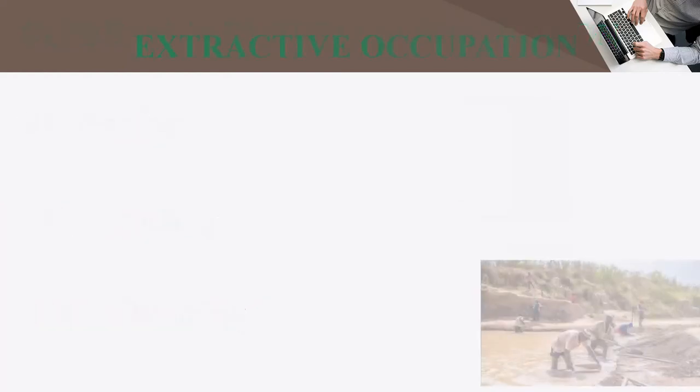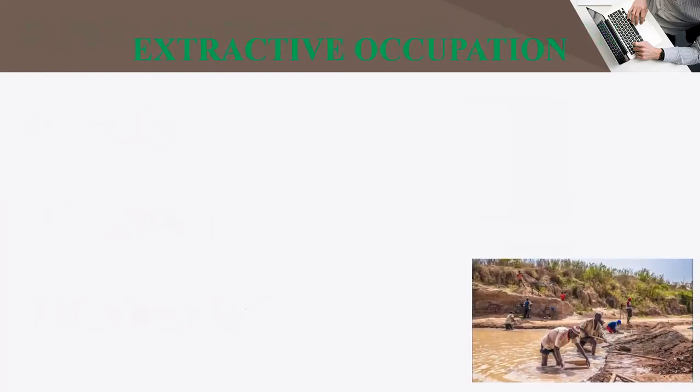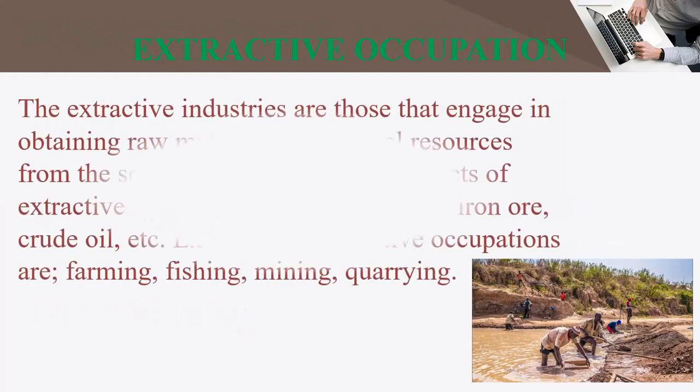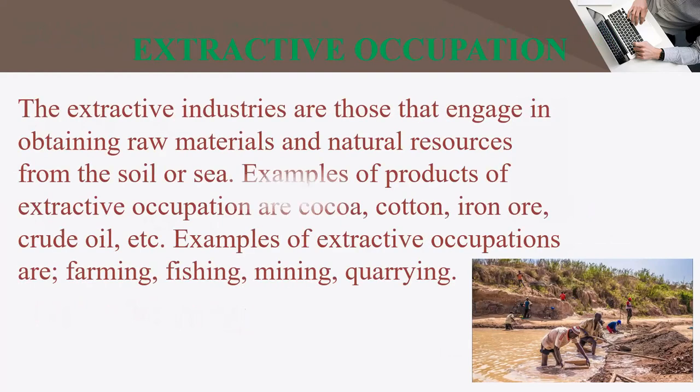So I also have another video which you're going to watch much later. So let's take them one after the other. The extractive occupation, what are they into? They are those who actually extract raw materials. When we mean raw materials, we're talking about natural resources from either soil or sea. You can see a picture of these people digging the soil.